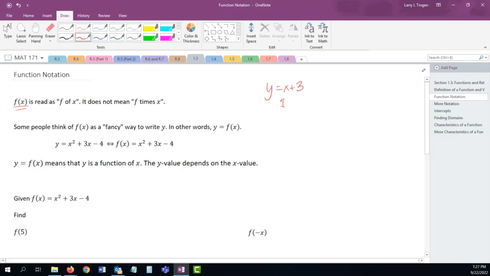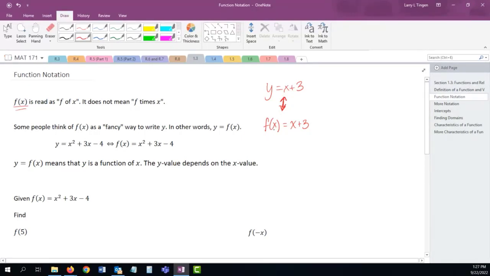So there is y is equal to x plus 3. Function notation, all it's going to do is swap out that y for f of x. Okay, why do I want to do that? Well, there's a couple of reasons. The first one, now I have a name, right? This relation between y and x has a name, and the name is f.